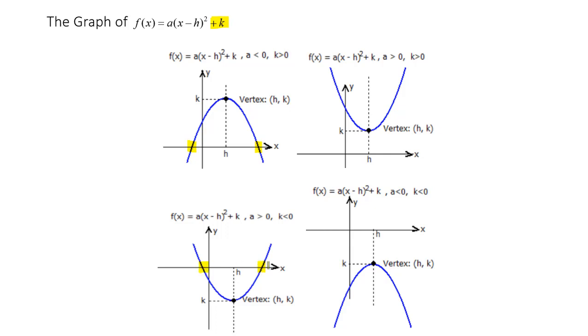So this can have several different effects. If the function is opening upwards, you could have no solutions either way if you shift k upward, and if you shift the function down or make k negative when the function is opening downwards.